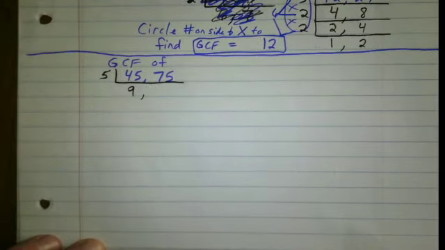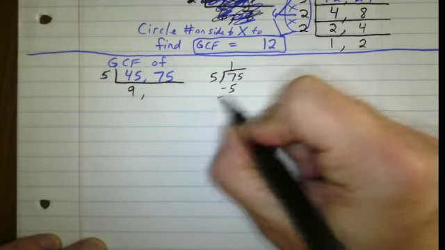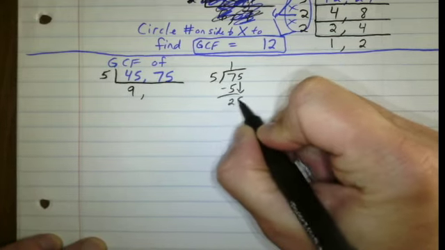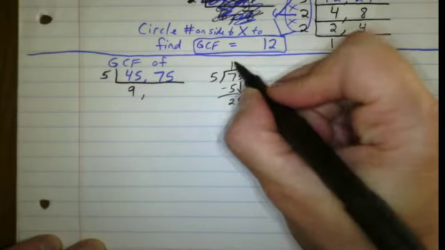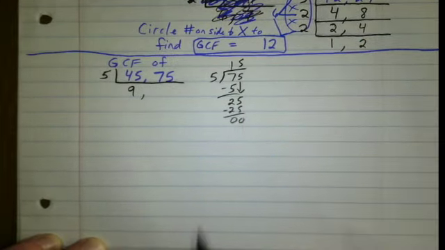I know my facts, that helps. If I don't know how many times 5 goes into 75, you may have to divide to the side here. Let's see, 1 times I get 5, 2, bring down the 5. 5 would go into 25 5 times, I get 25, subtract. So it was 15. So 5 times the 15 would have given us 75.